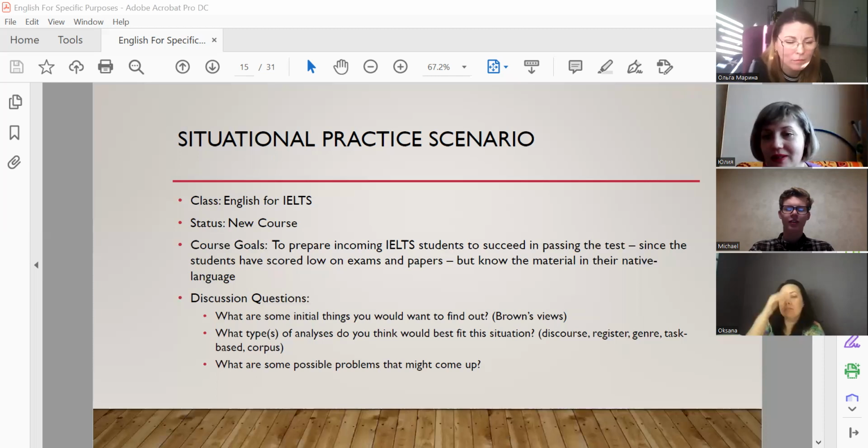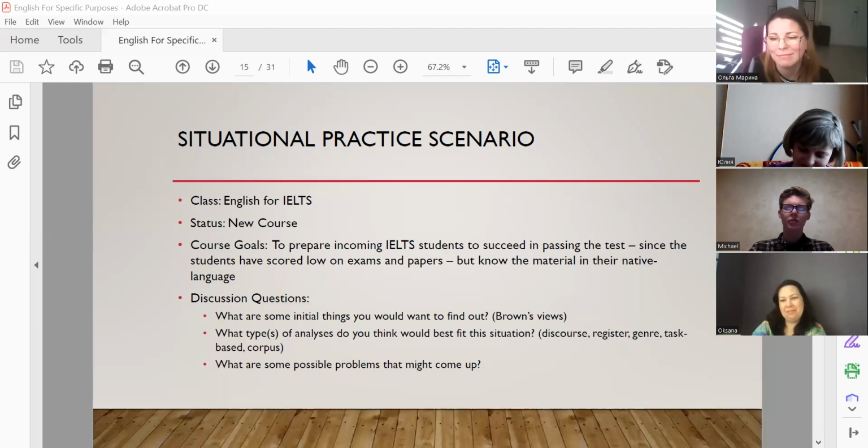Who else? The students are stakeholders. Yes. They want to succeed. And probably their parents. Yes, their parents. Yeah, this term is ascribed to people who have their stakes high. Who else?